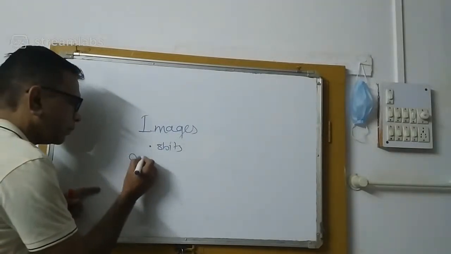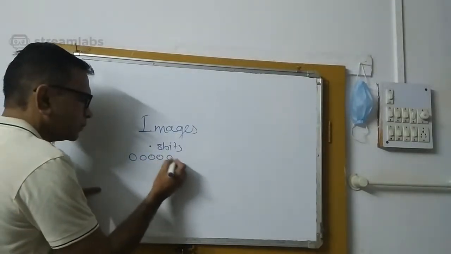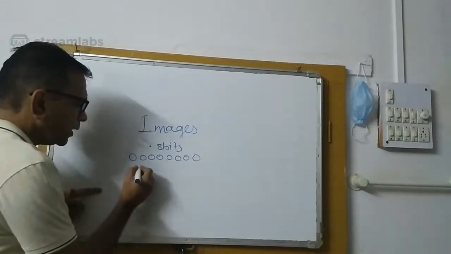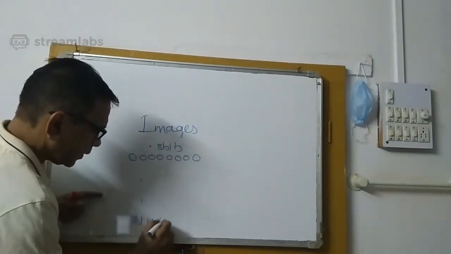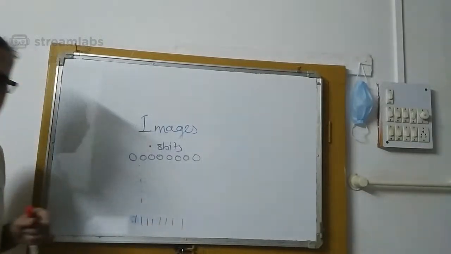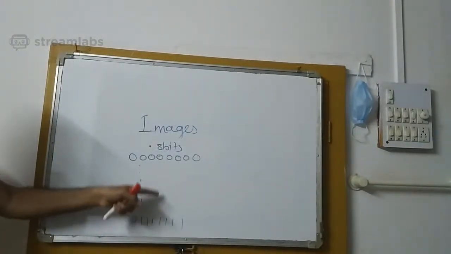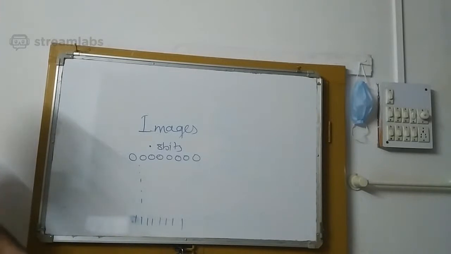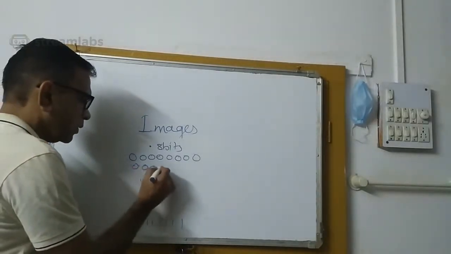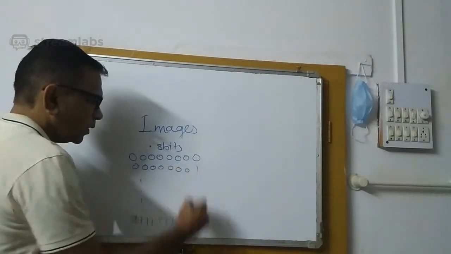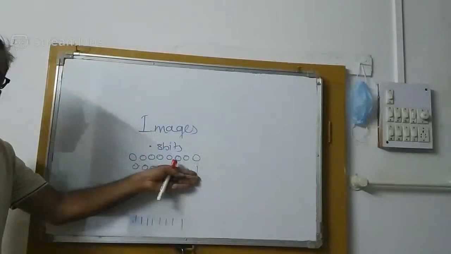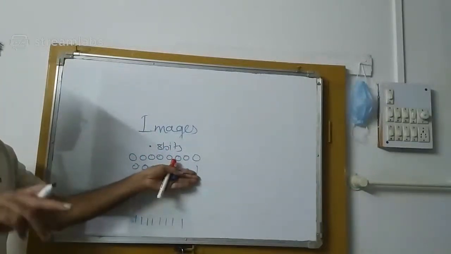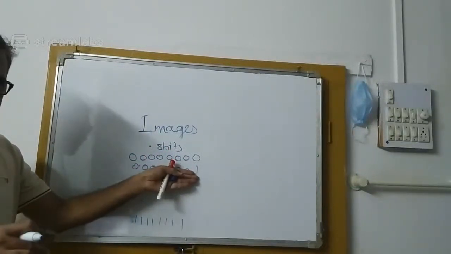Starts with 0, goes up to 1. In between you have different values which represent different shades. For example, if this is the next number, it will be slightly lighter than black, a slightly light black.